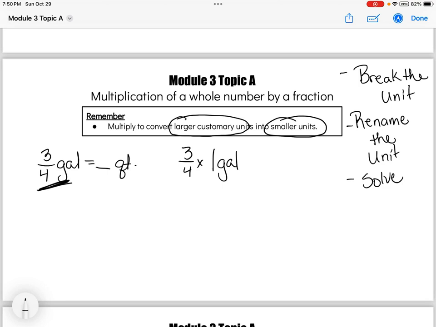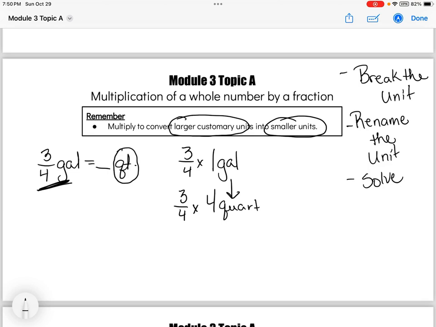Since I'm wanting it to be quarts, I'm going to rewrite this as 3/4 times 4 quarts, because I know that 1 gallon is equivalent to 4 quarts. So again, I'm just renaming the unit. It still has the same value.